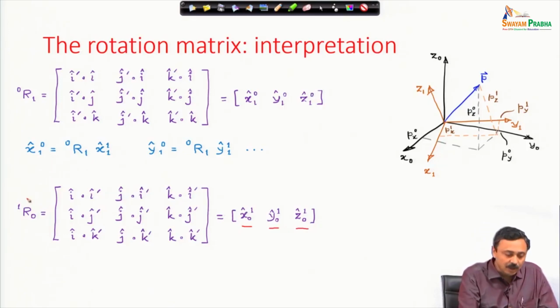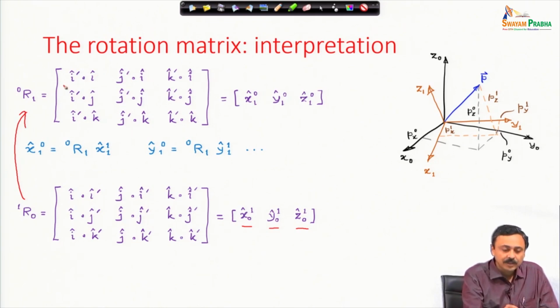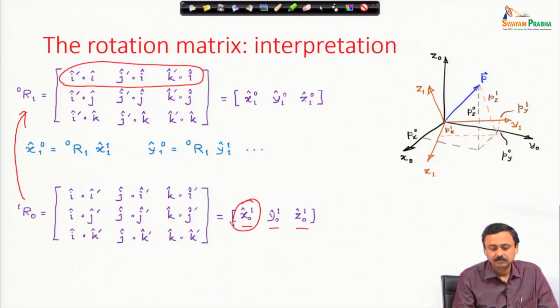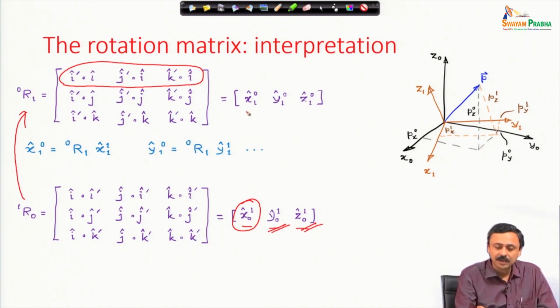In other words, because these two are transposes of one another, the rows of this are x 0 represented in 1, the second row of R 1 0 is y naught represented in 1, and the third row is z naught represented in 1, and the columns are x 1 represented in 0, y 1 represented in 0, z 1 represented in 0.